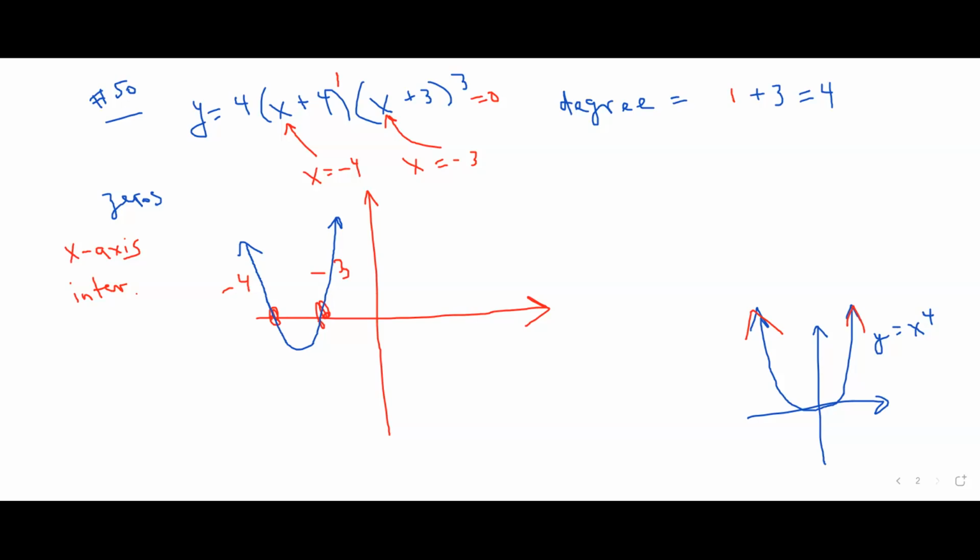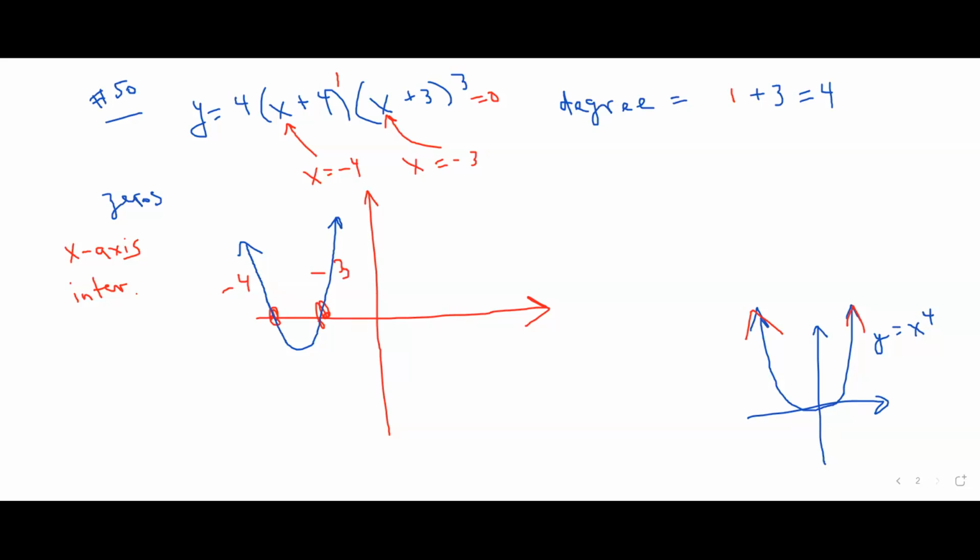In fact, in the meantime, what I can do is kind of support the idea that this graph is indeed the graph of a fourth degree function by trying to use a tool called a graphing calculator. So let us use it together.